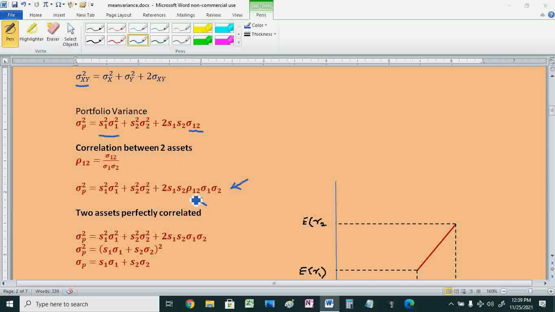And then I ask the question: what is going to be the standard deviation, the variance of this portfolio when these two assets are perfectly positively correlated, so that the correlation between the returns on these two assets is equal to 1.